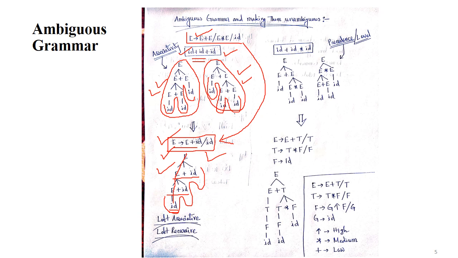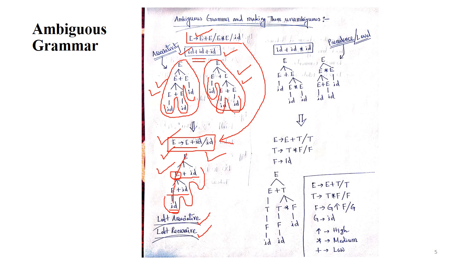So we can say the grammar is left associative, and also left recursive. Why left recursive? Because we are replacing, or calling, the same non-terminal again and again on the left hand side only, not on the right hand side.